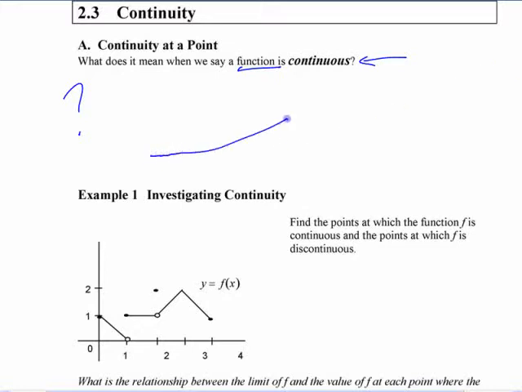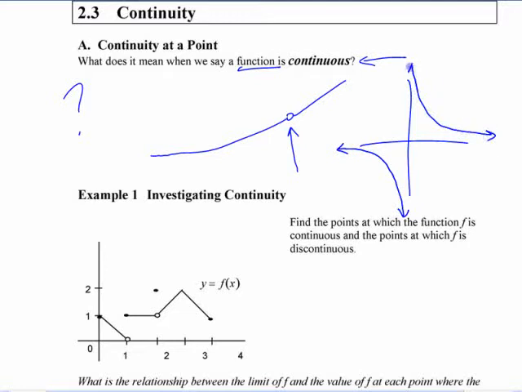If I create a graph that has a hole in it like that, it is discontinuous at that point. Or if I draw the graph I did before, where this is going down like that, but then suddenly it's up here. If we have a grid on this one as well, this is going to be 3 here.